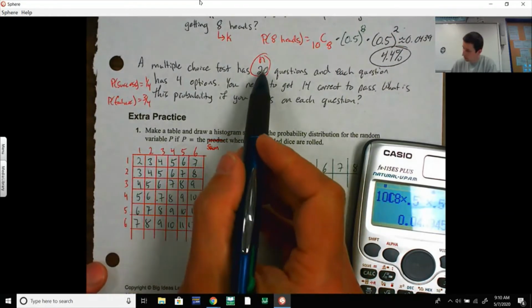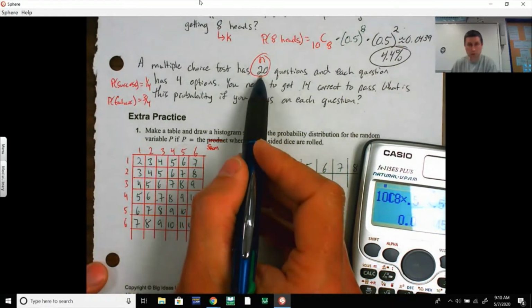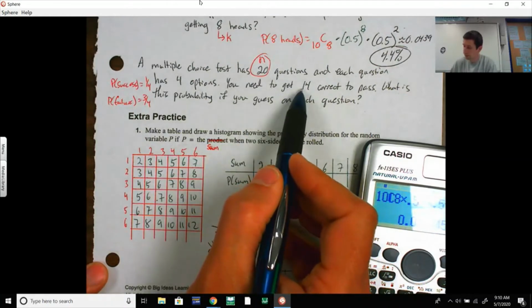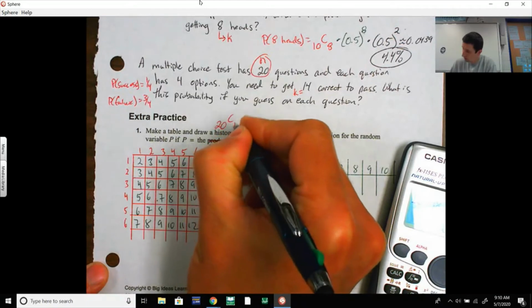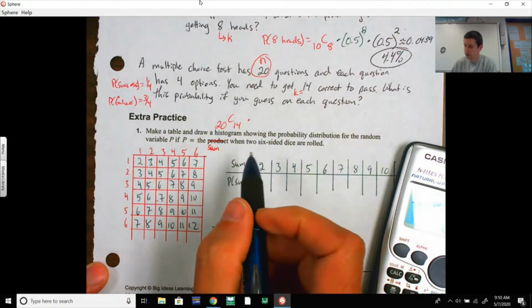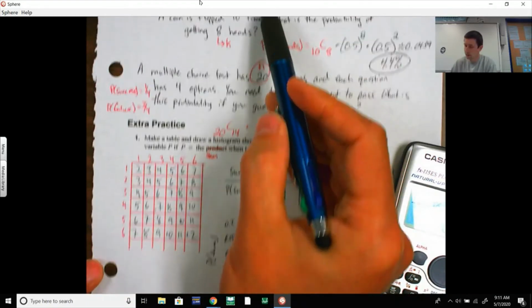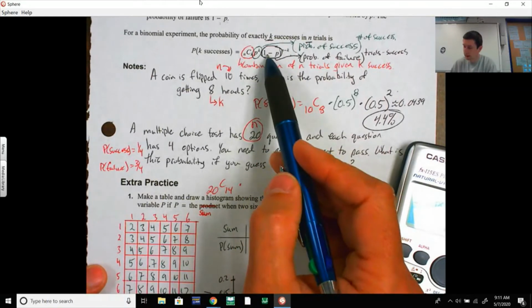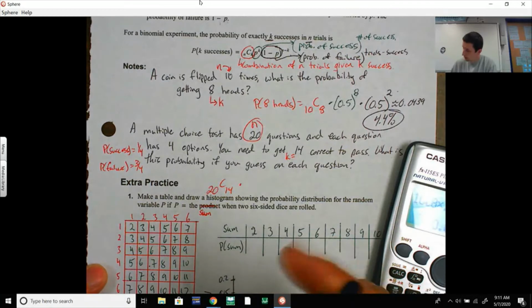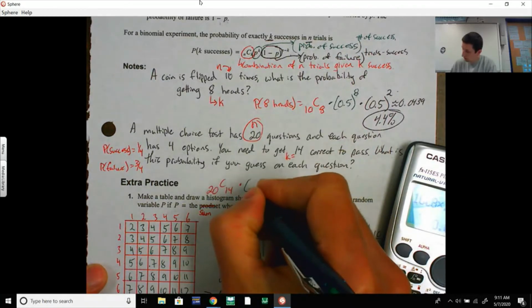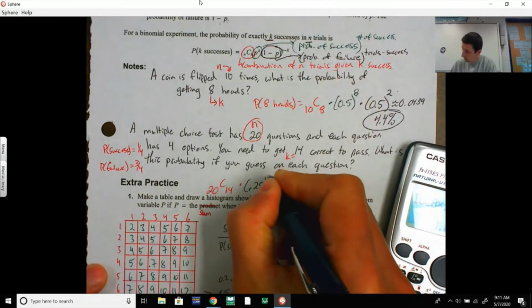So we have 20 as our N. We're going to have 20 trials. We want to get 14 correct. That's our K value. So I have 20 choose 14 times the probability of success raised to how many successes you want. The probability of success is 0.25, and I want to get that right 14 times.